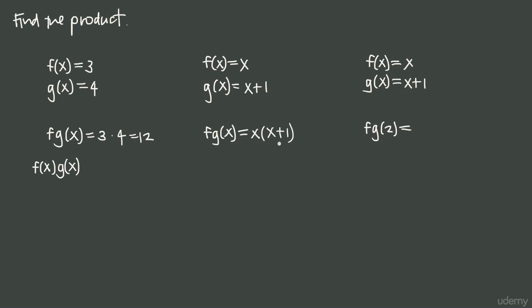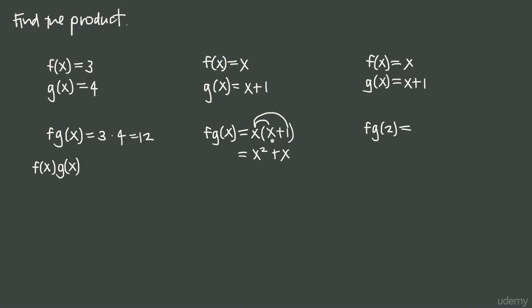And we could leave the product that way, or we could distribute the x across the x plus 1 and multiply this out. So x times x here will give us x squared. And then x times 1 will give us x. So we say plus x. So we could write it either way, x times the quantity x plus 1 or x squared plus x.